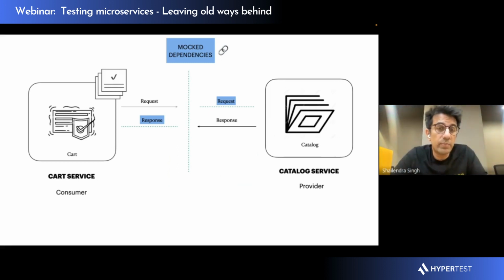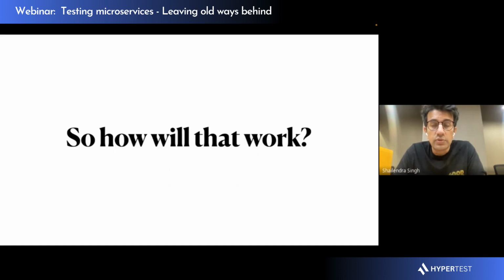It's a pretty big engineering challenge. The team wouldn't like it. So is there a way that service integrations or service communications can be tested without needing those services to be up all the time? The way to do that is mocking downstreams or mocking dependencies. But now that begs the question, well, that's originally what Atlassian was trying to do by trying to mock the dependencies, but they forgot to update the mocks. So how will that work?